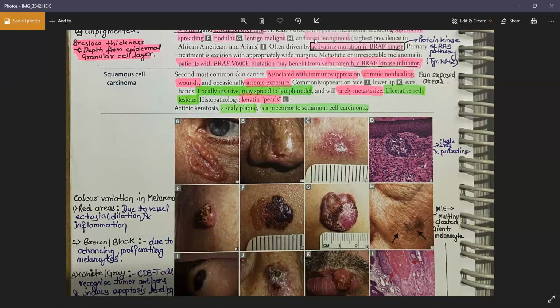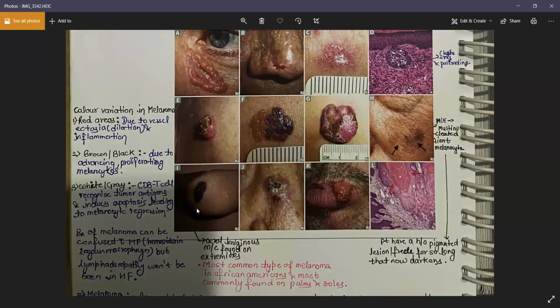Then you have the acral lentiginous. Okay, and the location of this tumor is generally on the palms and the soles of the patient. Very important. And these are found in the extremities, that means on the palms and the soles. It is the most common type in the African American age group. So whenever Step 1 gives you a patient who is African American and who is having this lesion on the palm or the sole or the extremity, right?